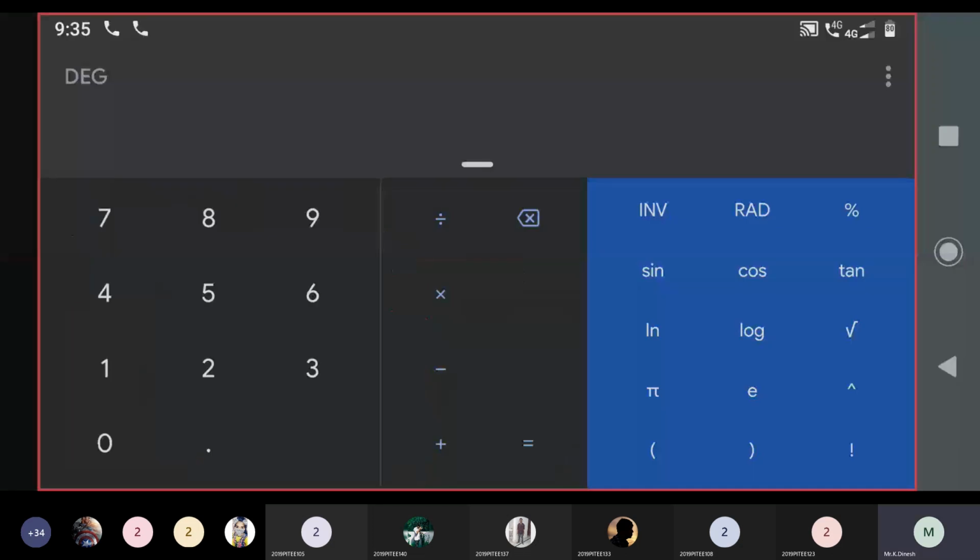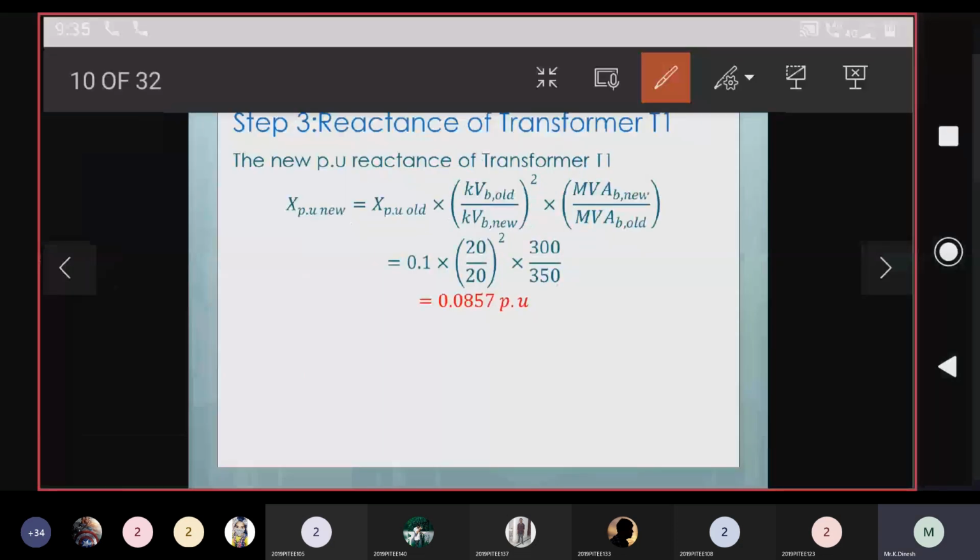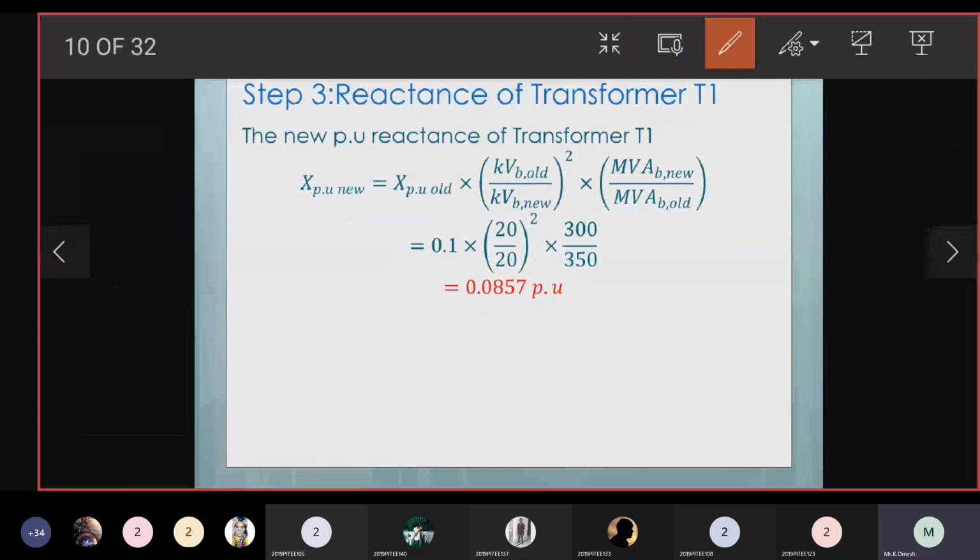So 300 divided by 350, into 0.1, is 0.0857. Okay, is it clear? So 0.1 into 300 by 350, so 0.0857 per unit. Okay, so far we have completed step number 3, that is the reactance calculation of the transformer T1.